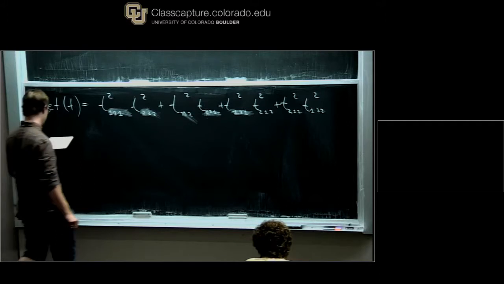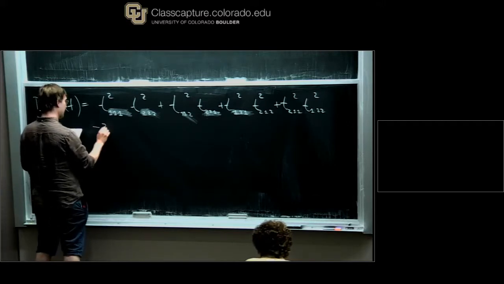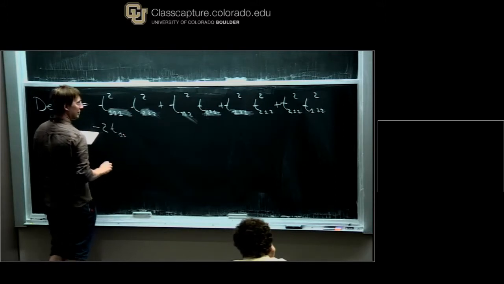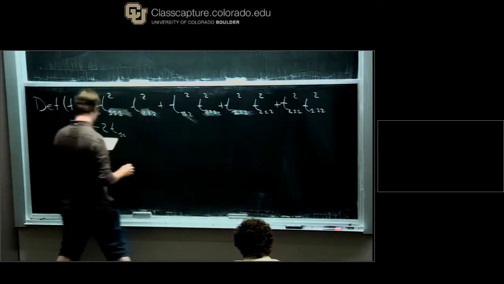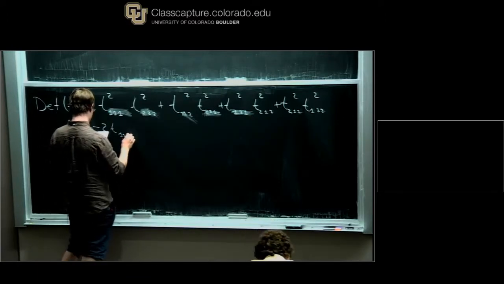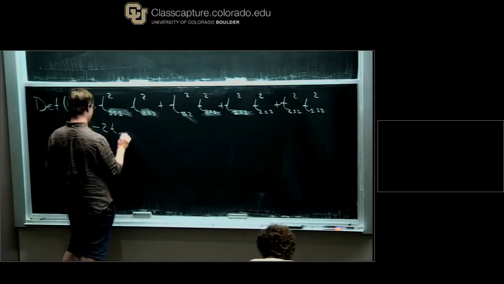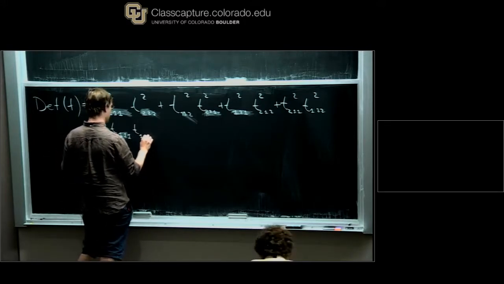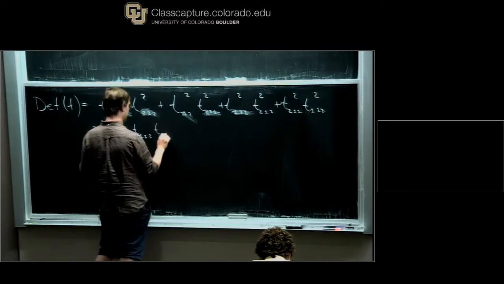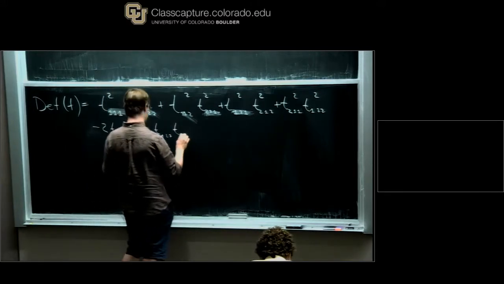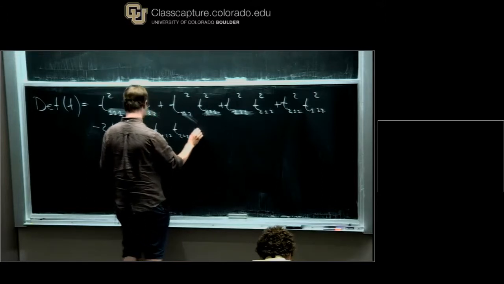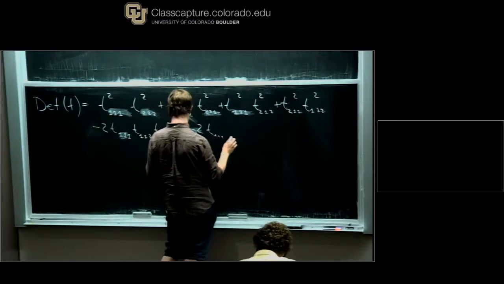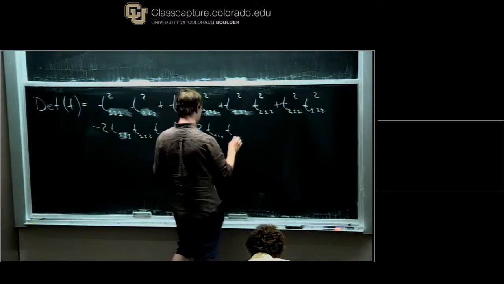This was the first of several rows. Minus 2 times... something wrong? Ah, they're all squared, right. Okay, fine. T 1,1,1, T 1,1,2, T 1,2,2, T 2,2,2. Plus, no, minus 2 times T 1,1,1, T 1,2,1, T 2,1,1, T 2,2,2.